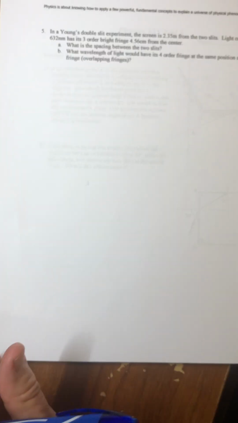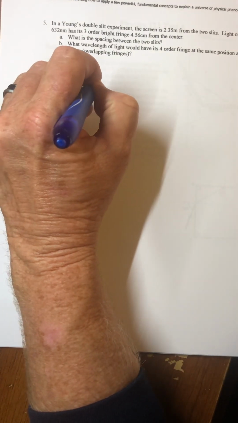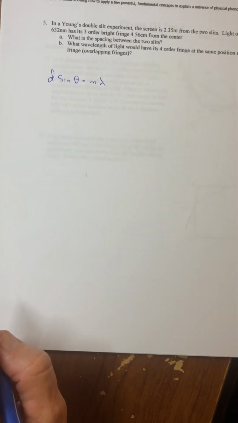All right. Let me then look at the last one, number 5 here. And number 5 has a Young's double slit experiment, which says d sine theta equals an integer number of wavelengths.